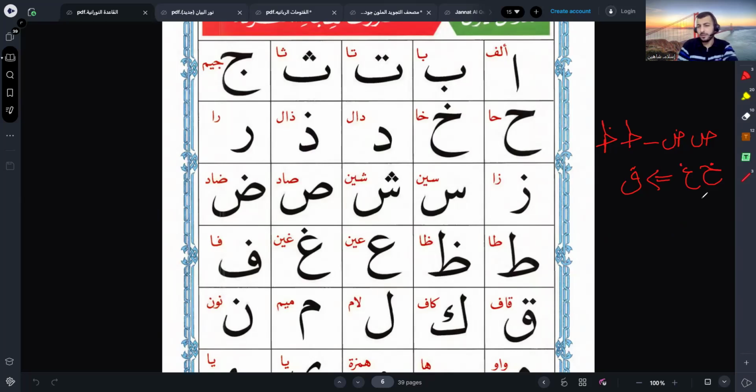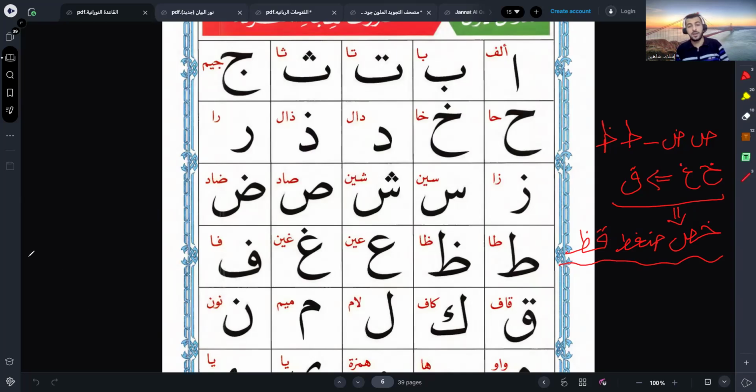We gather them in a sentence, like a mnemonic for us as speakers: خُصَّ ضَغْطٍ قِظْ. If you count those letters, you're going to find the 7 heavy letters. And I think the easy way is, as I said, 4 letters for the sisters, then 2 closed, and finally the qaf.